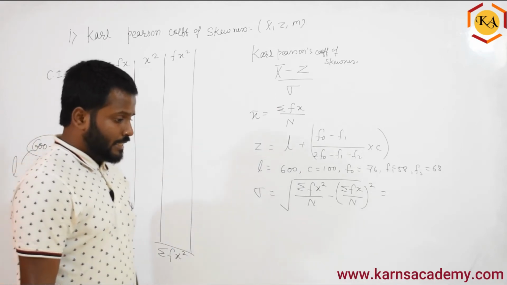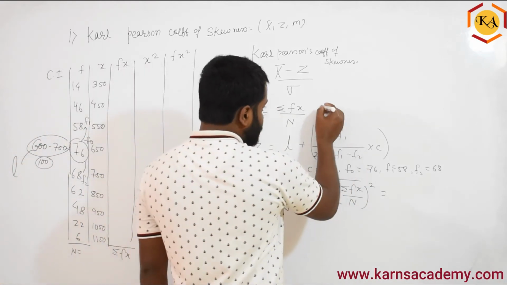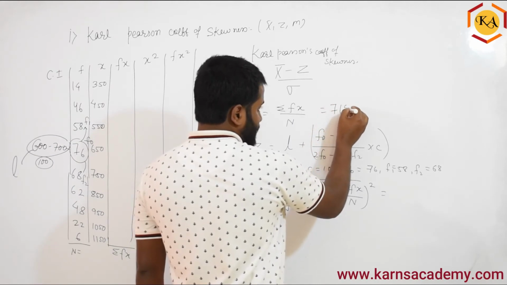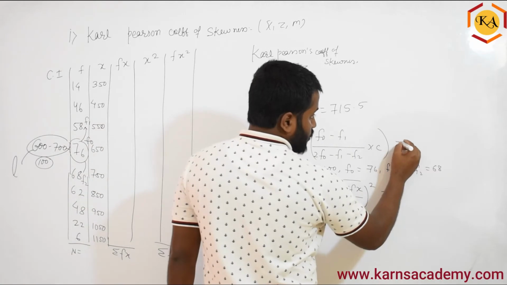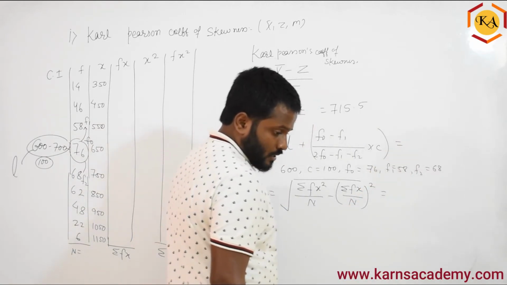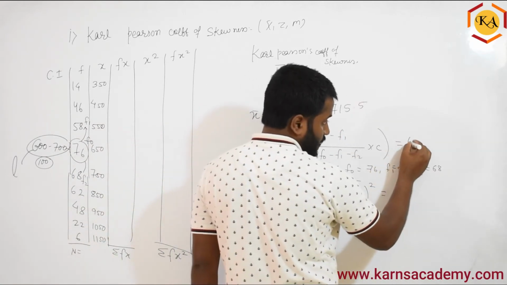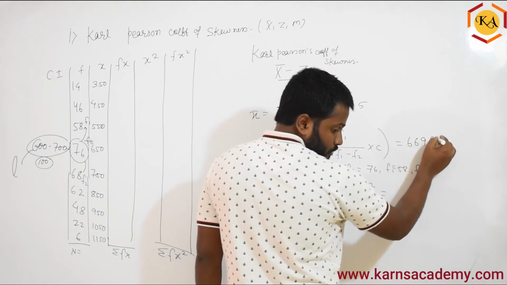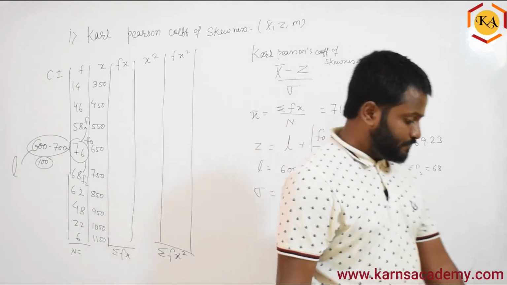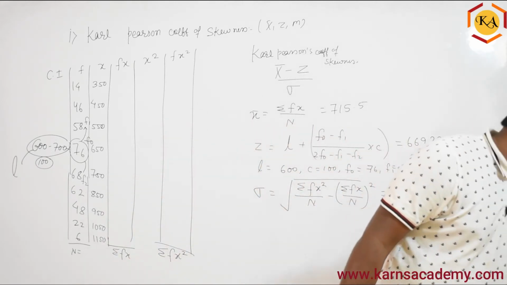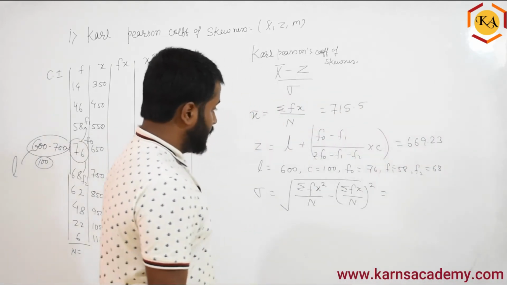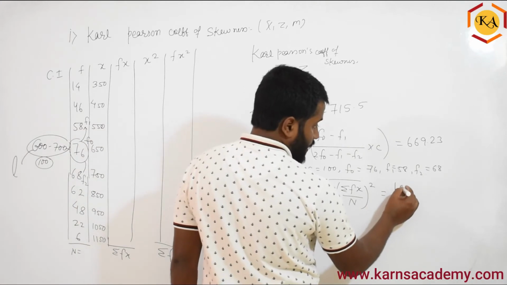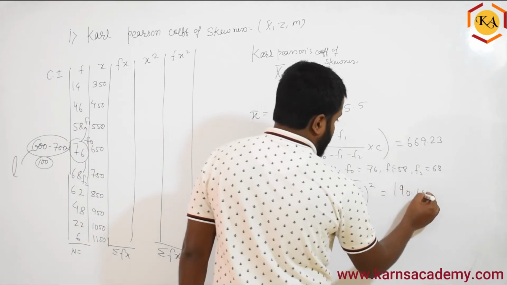Let me directly write the answers. Mean you will be getting 715.5, mode you will be getting 669.23, and the standard deviation you will be getting 190.15.